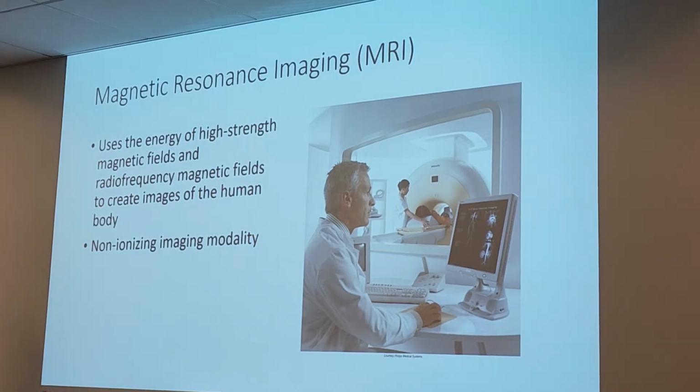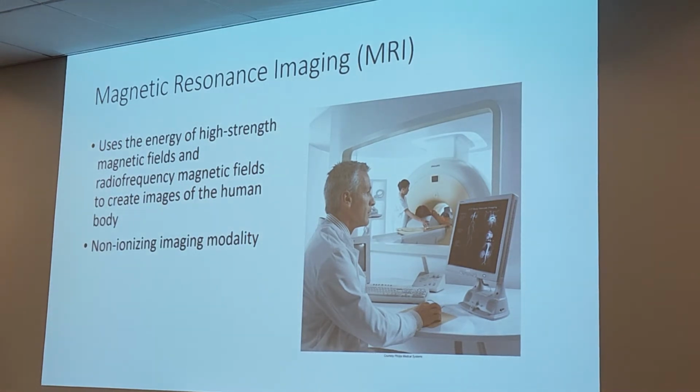We have the main magnetic field, we have radio frequency fields, we have gradient magnetic fields. But they all combine together, they work together to create images of the human body. Once again, just like with ultrasound, this is non-ionizing. So there are no long-term side effects that have been connected to the use of MRI.